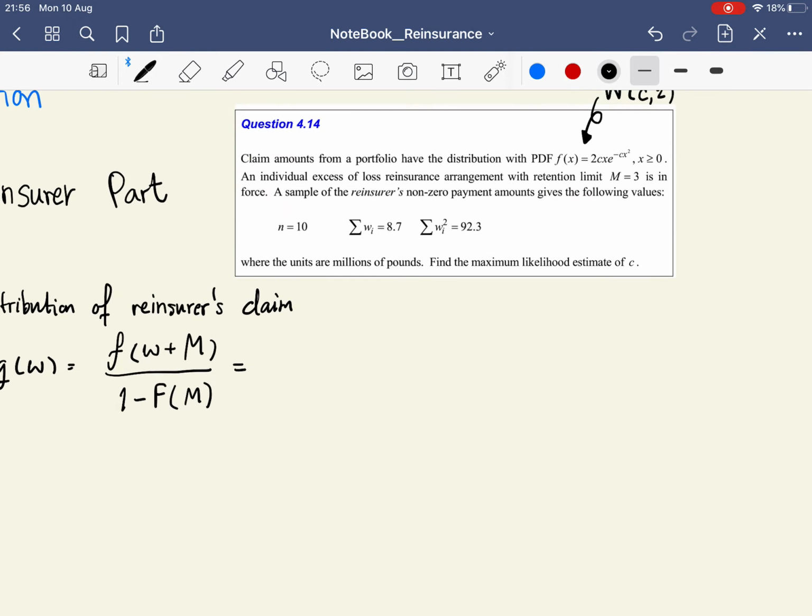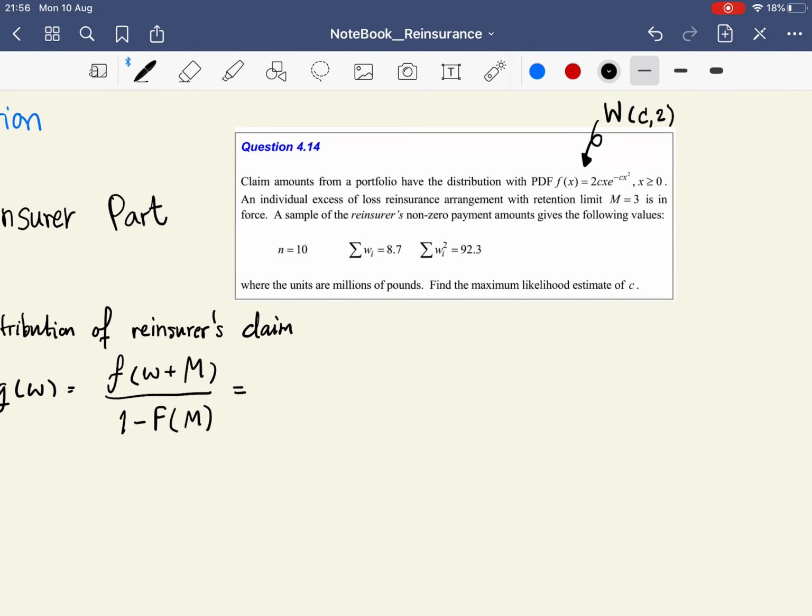Right, so we have 2C(W+M) e to the power of negative C(W+M) squared, over the denominator. If you don't recognize that this is a variable, you have to do the integral to find this denominator.